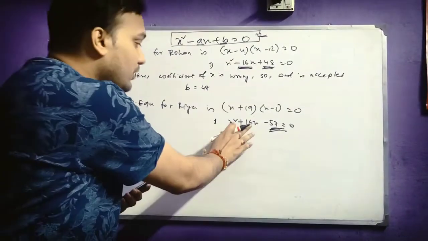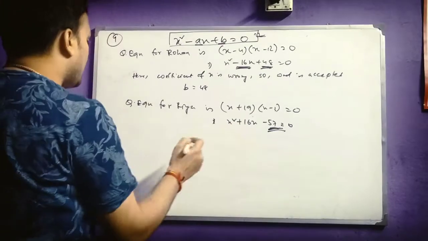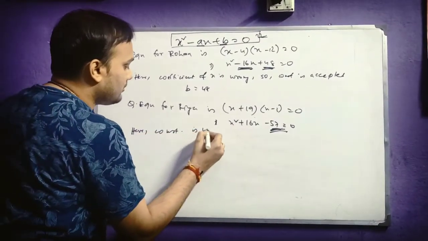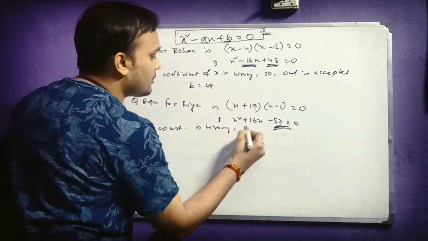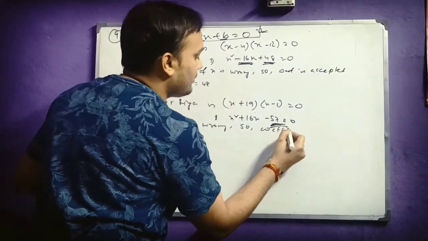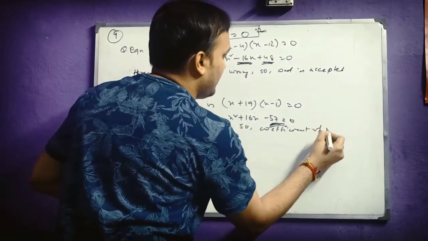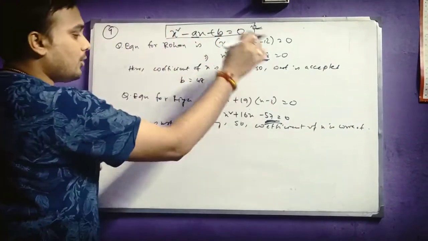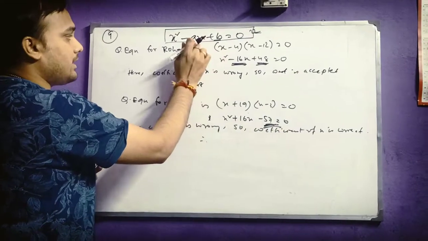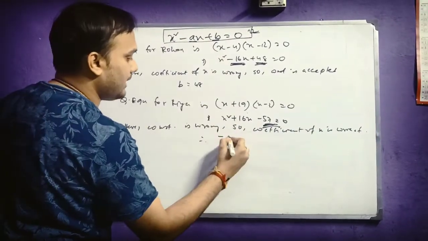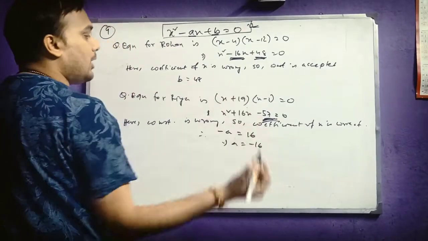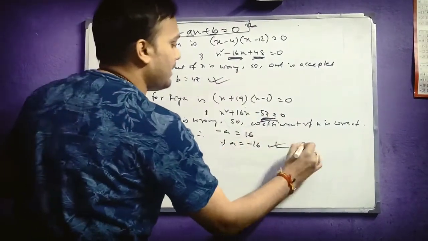So this coefficient of x is accepted. So we will write, constant is wrong, coefficient of x is correct. What is the coefficient of x in the standard quadratic equation? It is minus a. So minus a equals 16 will give you a equals minus 16. Now we got b as 48 and a as minus 16.